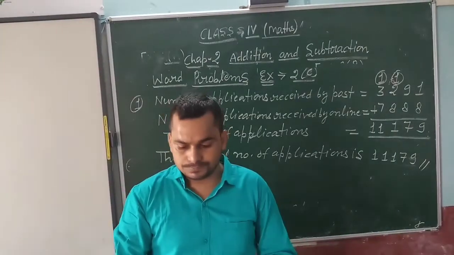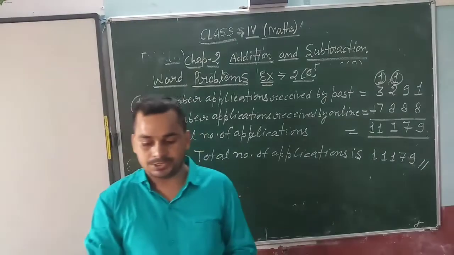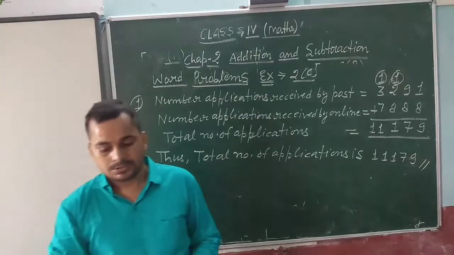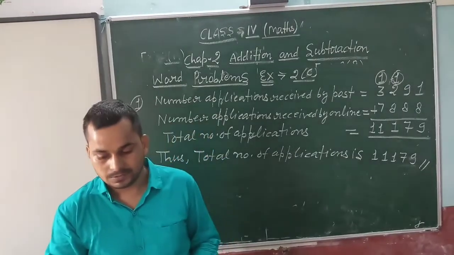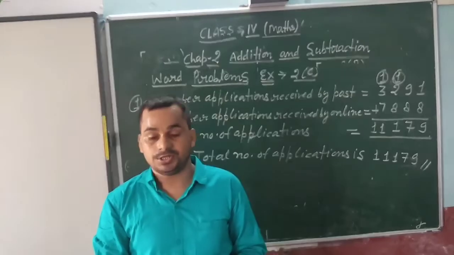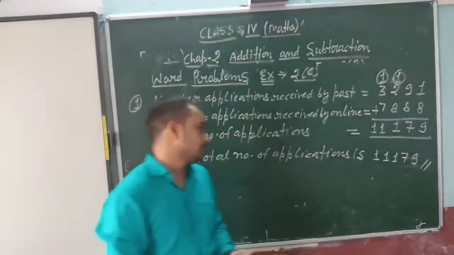Now question number 2. Maria bought a second-hand car for ₹4,44,400. She spent ₹80,000 on its renewal and accessories. How much did it cost to her?